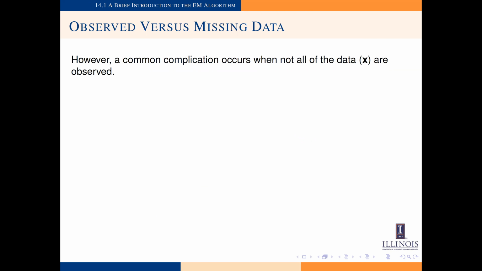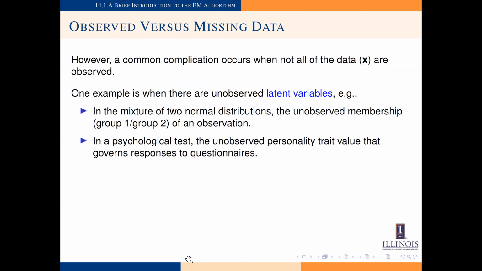However, a common complication in statistics occurs when not all of the data are observed. As you can imagine, when some people complete surveys, some questions are not going to be responded to by all examinees. In this case, part of the data are going to be missing. Another example is when there are unobserved latent variables. For example, in a mixture of two normal distributions, the unobserved membership of an observation can be considered as a latent variable.